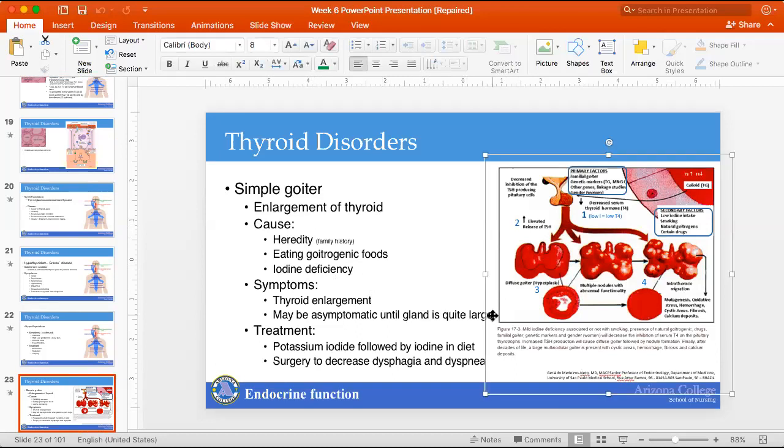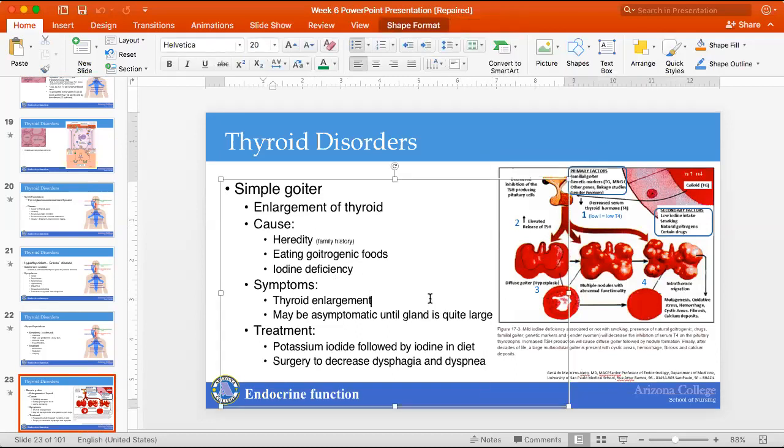So it could be almost like a small lump, and they may not really know what it is, or just think, oh, I just have a lump there in my throat. It could be asymptomatic, but if it got large enough, then you would see significant impairments. Treatment would be potassium iodide followed by iodine in diet, and surgery to decrease dysphagia and dyspnea.